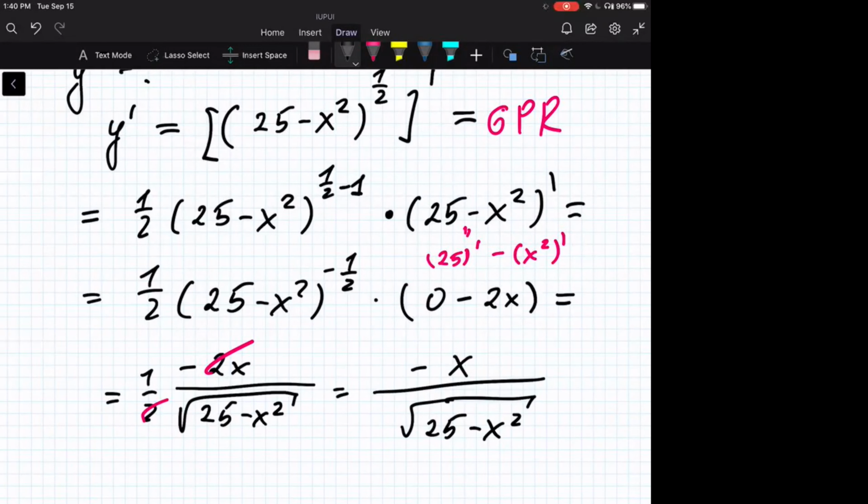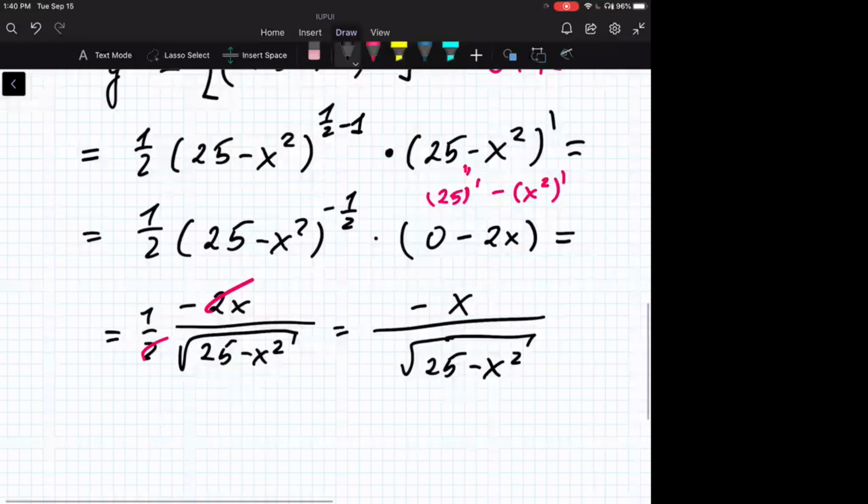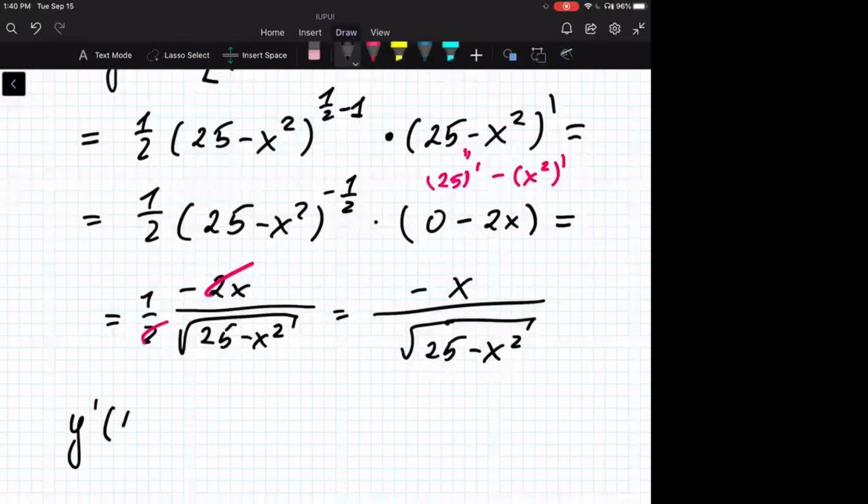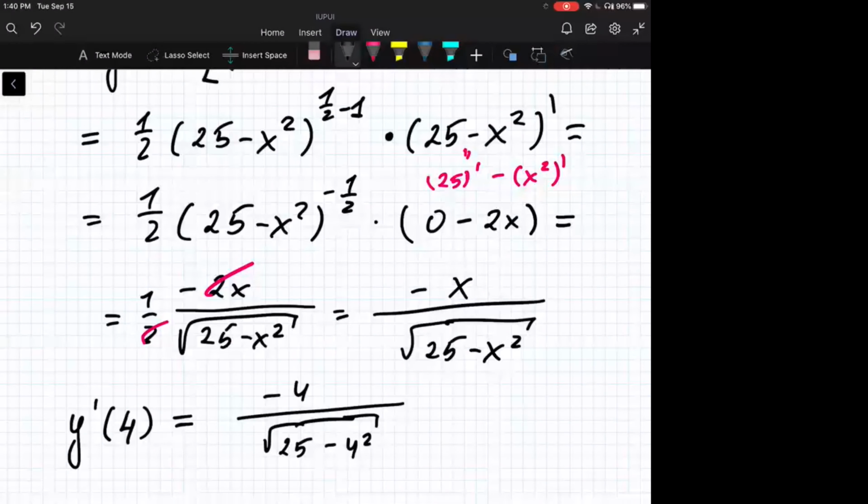And suppose we want to calculate our derivative at x equals 4. So we just substitute and get that it's minus 4 divided by square root of 25 minus 4 squared, which is 16. 25 minus 16 is 9. So it's minus 4 divided by square root of 9, which is minus 4 over 3.